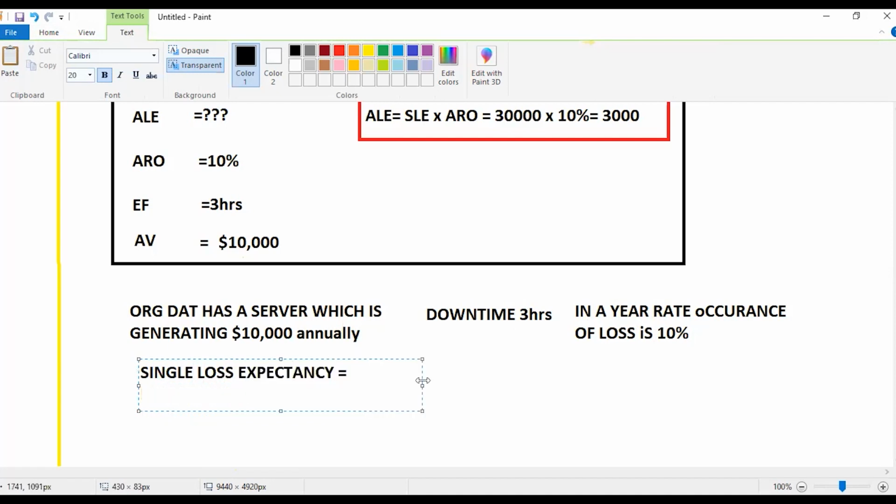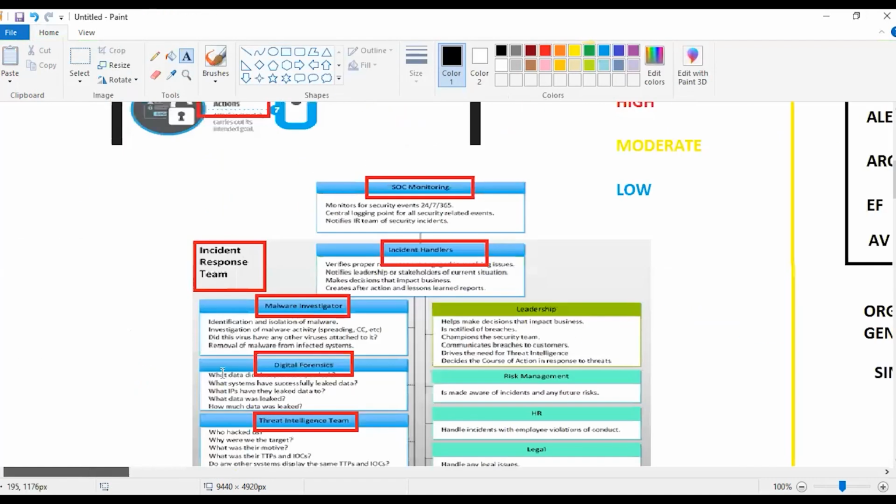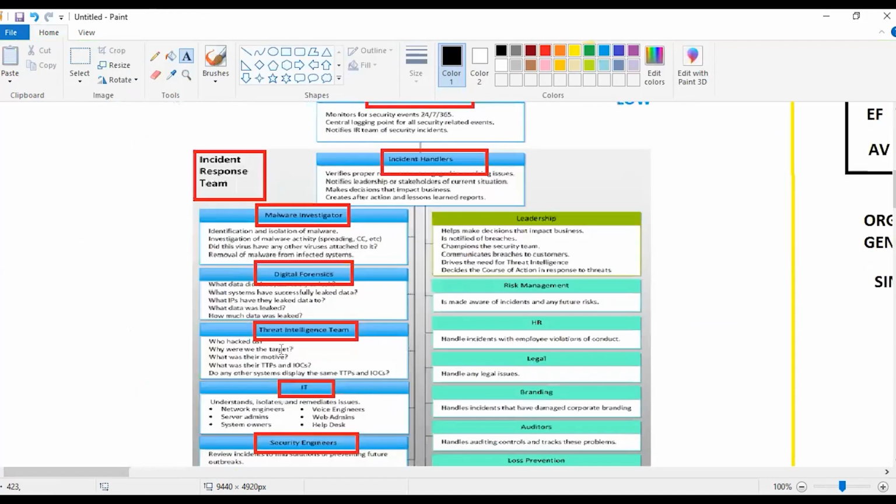So basically, we are here to calculate the risk which we are facing as an organization. If we are working in an organization, there might be times we're gonna face some risk. There are teams, like the threat intelligence team, which calculate the risk. Who hacked the OS? Why were we targeted? What was their motive?